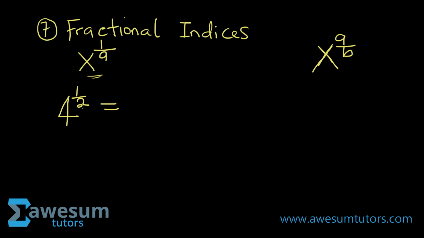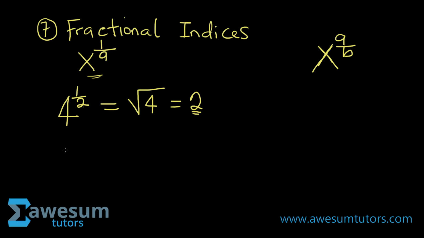Because the denominator is 2 right here, it's going to become a square root. Square root of what? Square root of this base, 4. So if this denominator becomes square root of this base, which is 4, then your final answer is going to be, what is the square root of 4? That is 2.